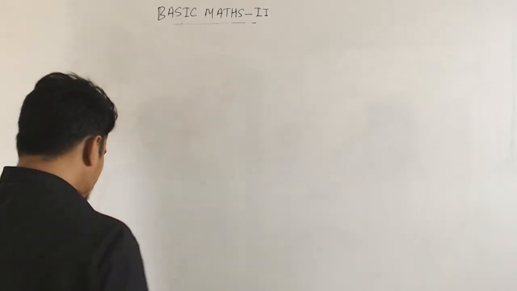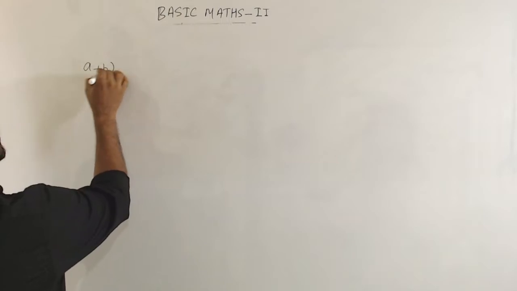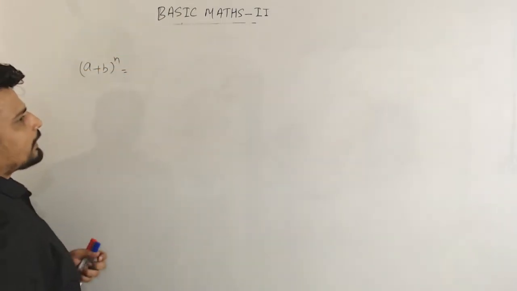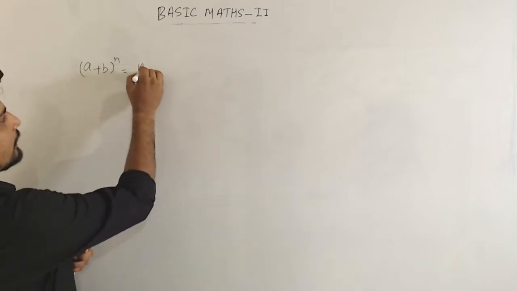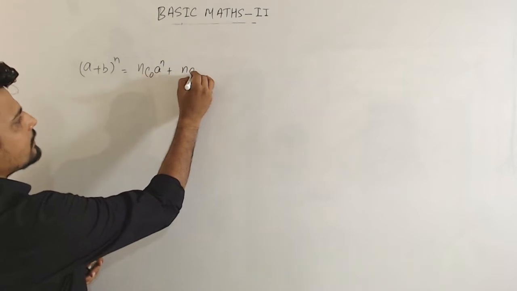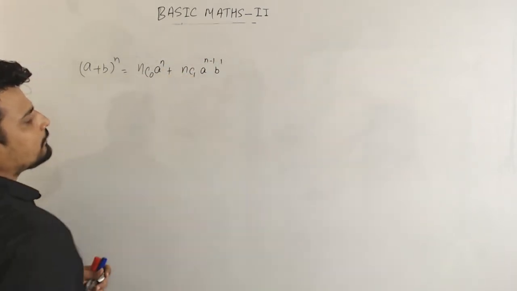First things first, let's say I have the expansion of (a plus b) to the power of n. How are we going to do that? According to the binomial expansion, this is given as nC0 a to the power of n, plus nC1 a to the power of n minus 1 times b to the power of 1.